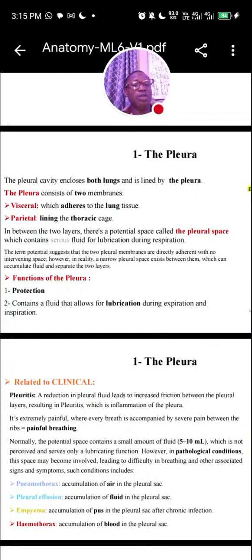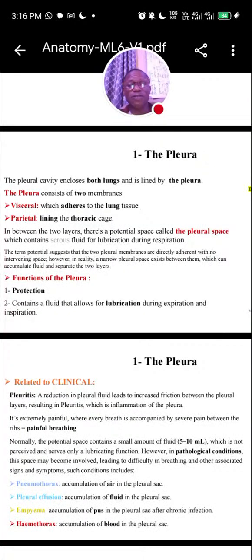Are you seeing it now? Meaning, even though we said it is joined together with no intervening space, in reality there's a narrow space. So potential means it's joined together, but we know in reality something like fluid can collect, or it can even separate into two layers. It's possible. All right, let's move on.